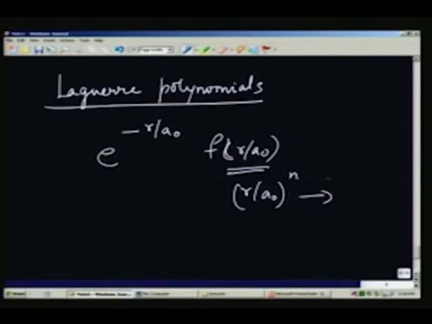The only thing is, as n increases, the value of r by a naught for which the exponential starts dominating over the polynomial becomes farther and farther, higher and higher.